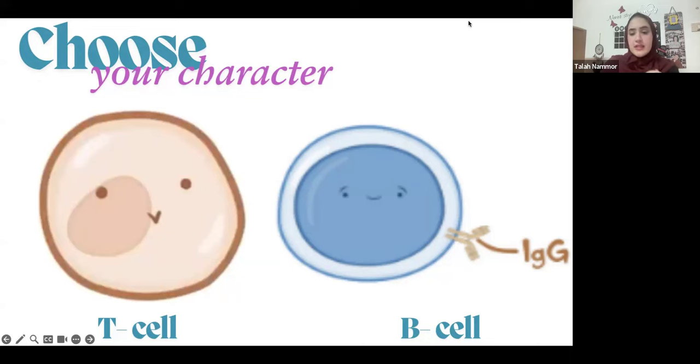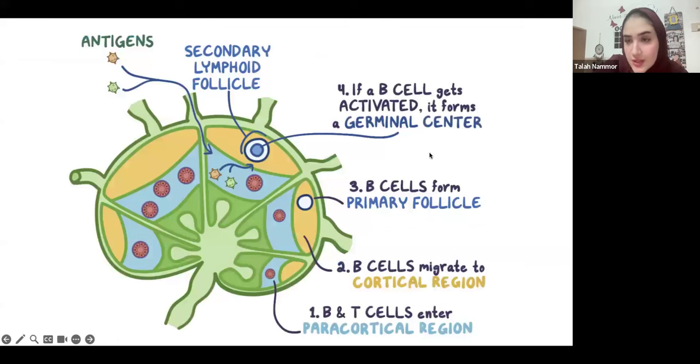T cells and B cells also reside in different places in the lymph node. So let's talk about the lymph node together. We have a lot of lymph nodes all over our body. It's like an airport. It's a place where all of the blood, the lymph, everything passes through it.